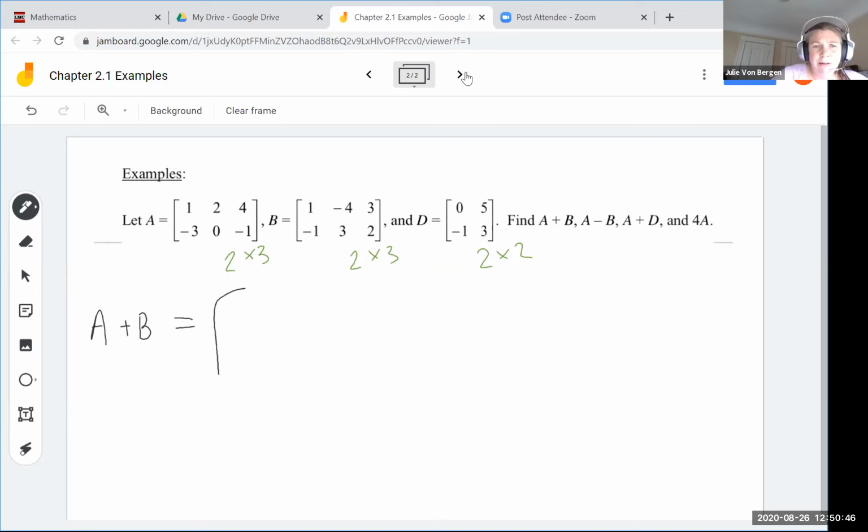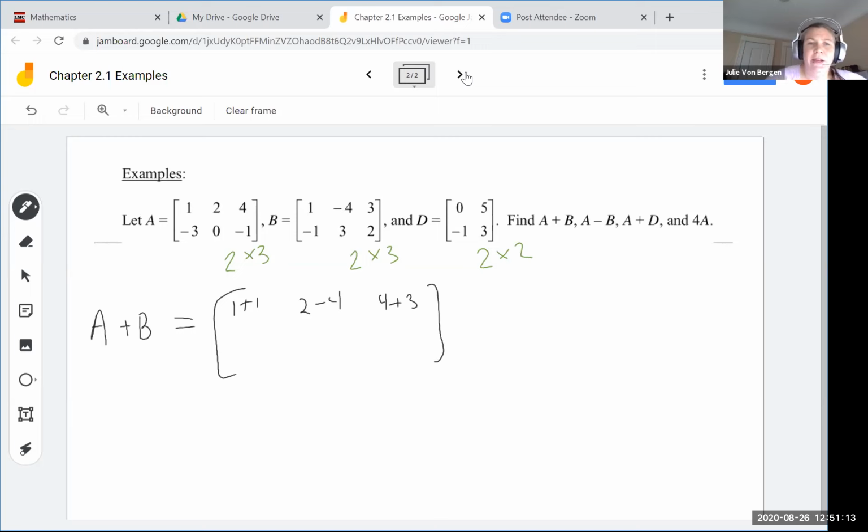So I'm going to take each entry in A and add it to the corresponding entry in B. The first entry in our new resultant matrix is going to be 1 plus 1. The second entry in row 1, column 2 is going to be 2 plus negative 4, or just 2 minus 4. The third entry in row 1, column 3, is going to be 4 plus 3.